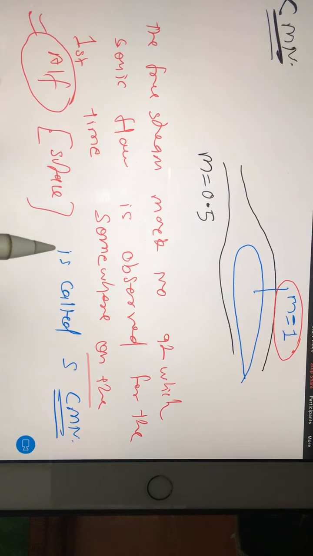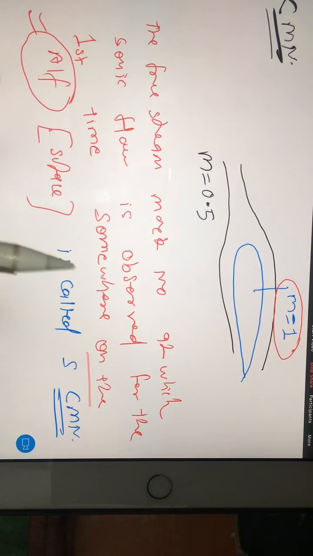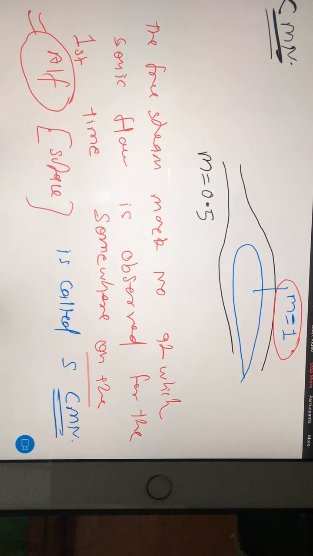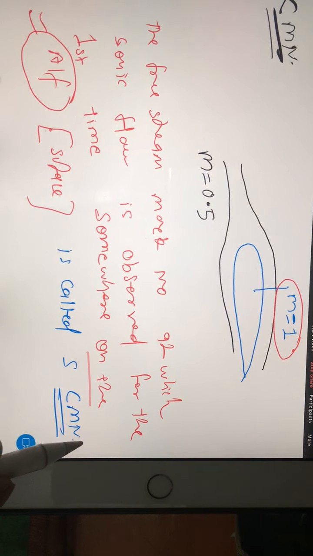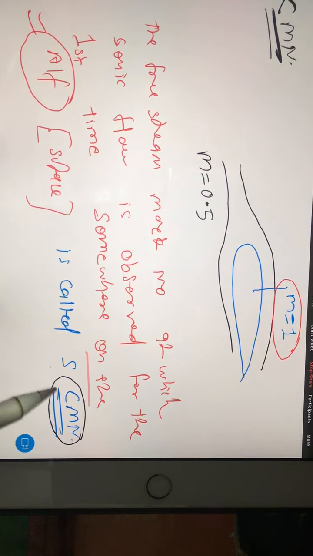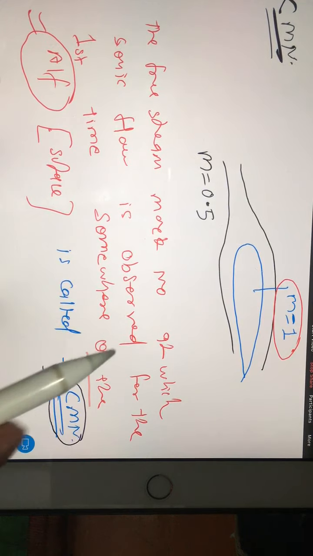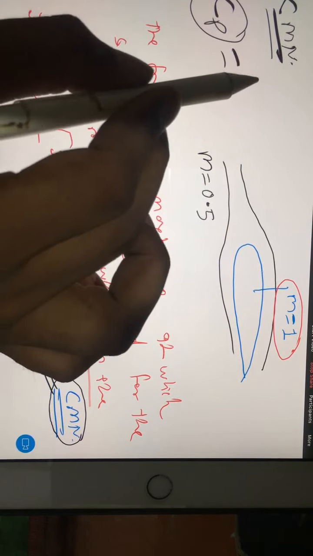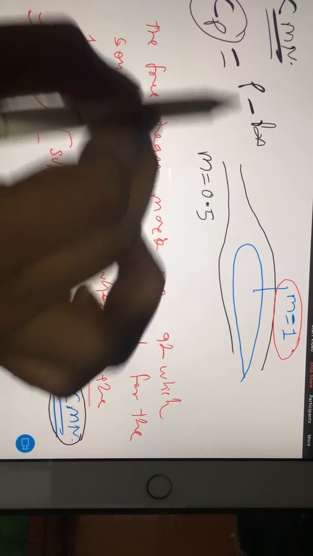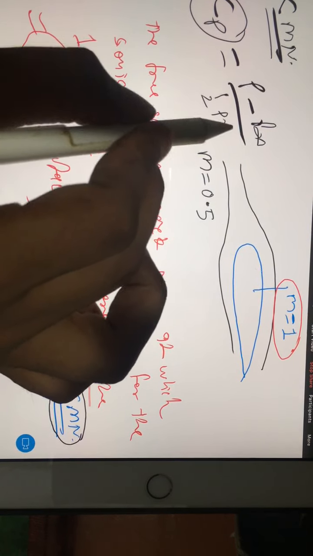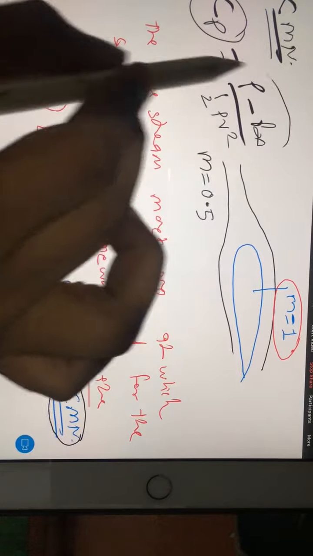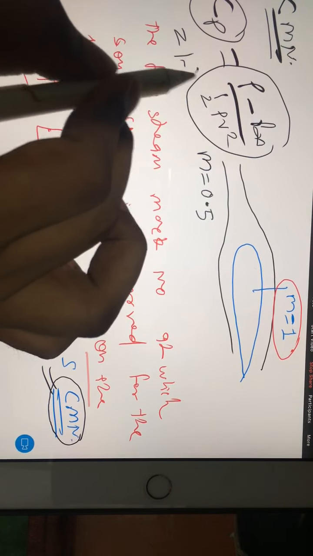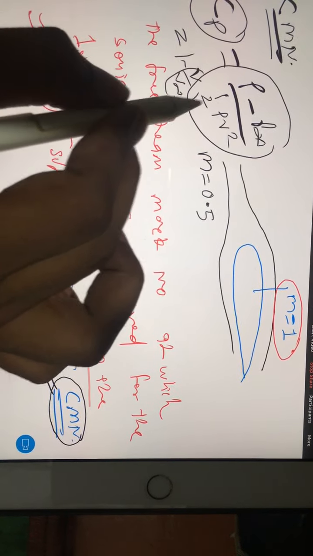This critical Mach number corresponds to a pressure coefficient known as the critical pressure coefficient. I mean, at this Mach number, whatever your pressure coefficient is, we have a formula for this: (P minus P infinity) divided by half rho V squared. We also have a formula in terms of velocity, that is 1 minus (V local by V infinity) whole squared.